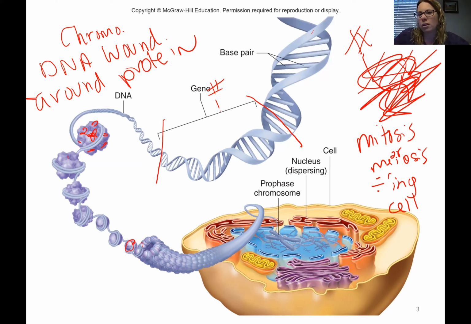So this is, say, gene number 1, and here you have gene number 2. You'll have dozens or hundreds, or even thousands, of genes on a single chromosome. A region of the DNA is going to be a gene, and you're going to have A, T, G, C, A, these sequences of nucleotide bases.